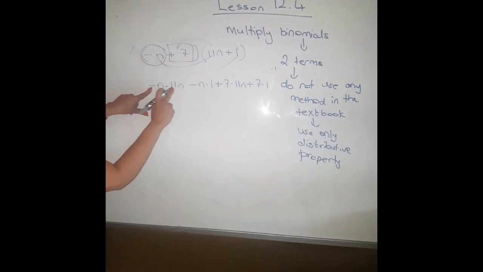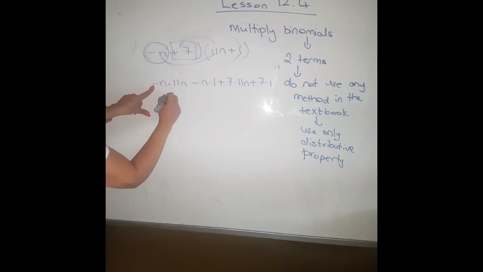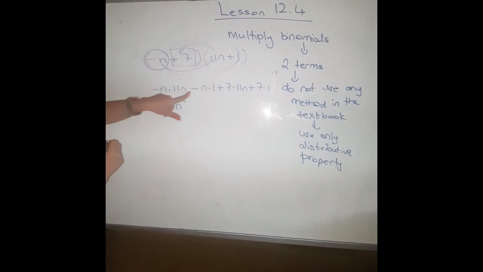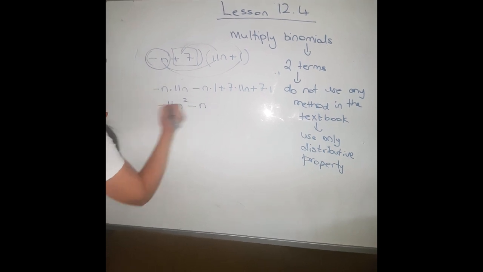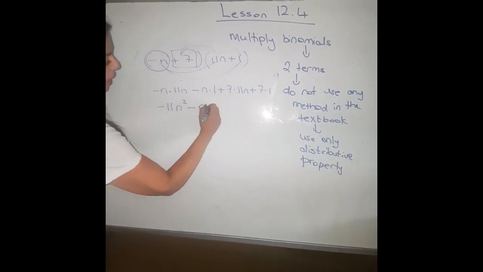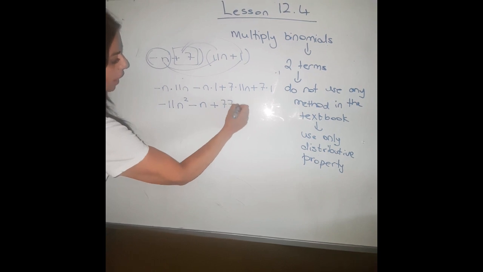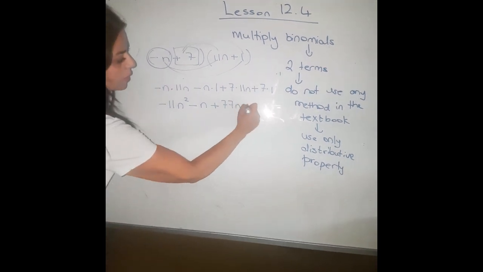Now, negative n times 11n is a negative 11n to the second. Negative n times 1 is a negative n. 7 times 11n is a plus 77n. 7 times 1 is a 7.